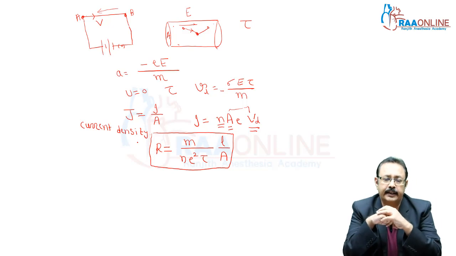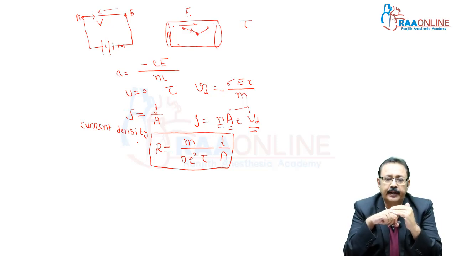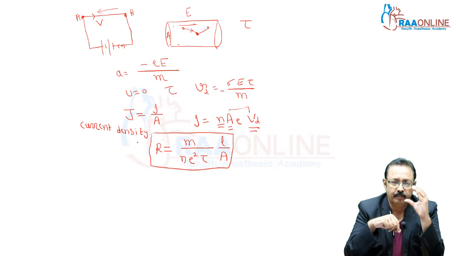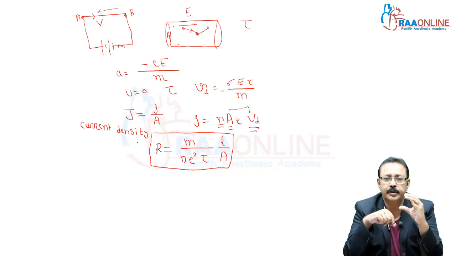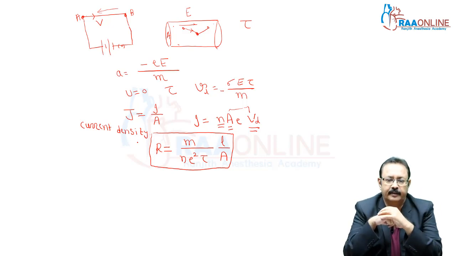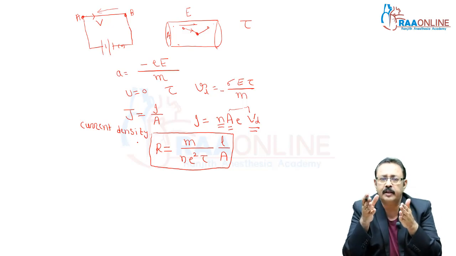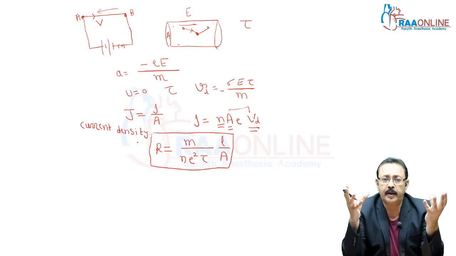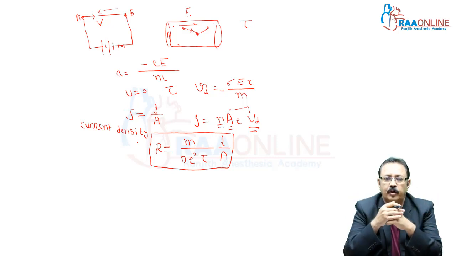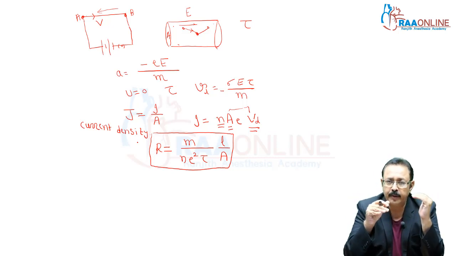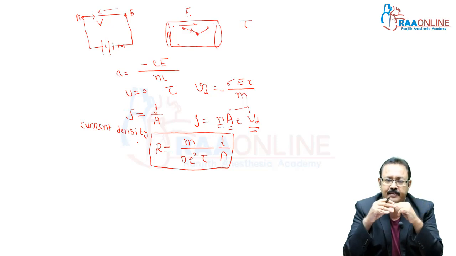So in these things, m, e squared and tau depend upon the metal which you are using as conductor. Because if you are using silver, there are so many free electrons per unit volume, but for aluminium this number is a little less.